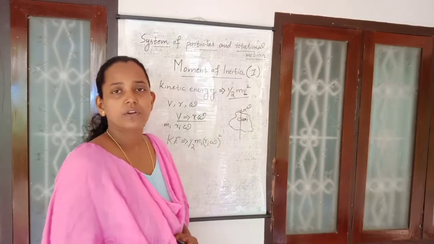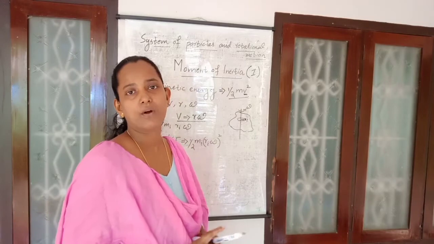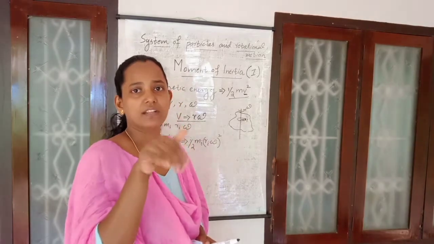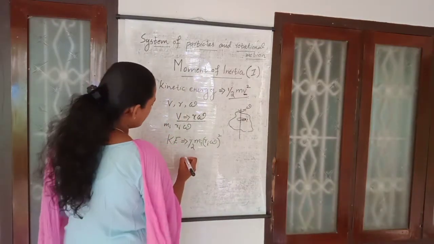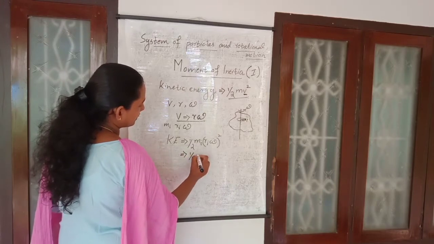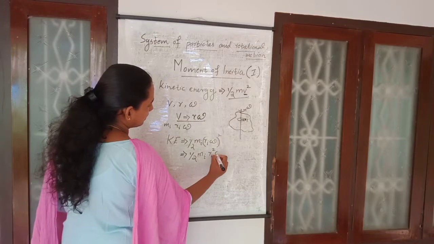Why? Because we are considering the case in which a rigid body is rotating about a fixed axis, so all the particles in that rigid body rotate with a constant angular velocity. Therefore, kinetic energy is equal to half mi ri square omega square.